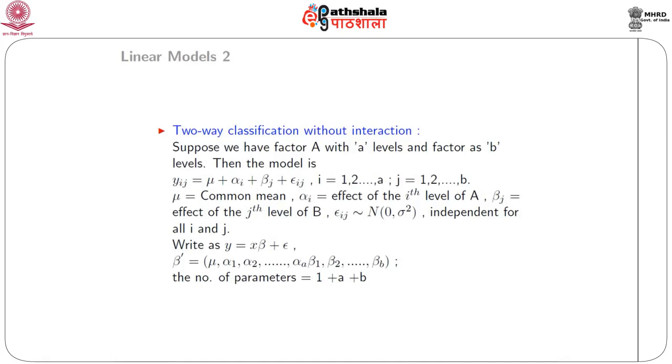You have to remember that because of unknown sigma square, the number of parameters is actually one more than what is written here. 1 plus a plus b is the number of coefficients. Sigma square is not a coefficient, but nevertheless it is a parameter.